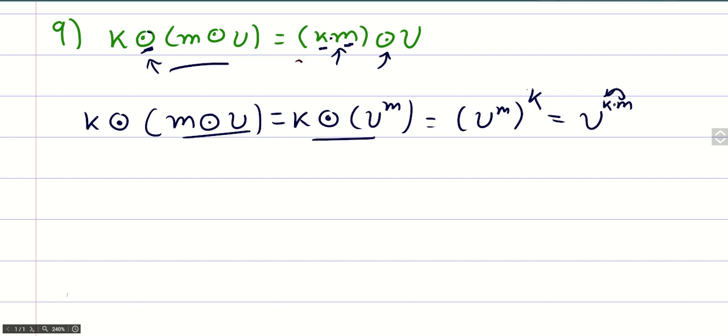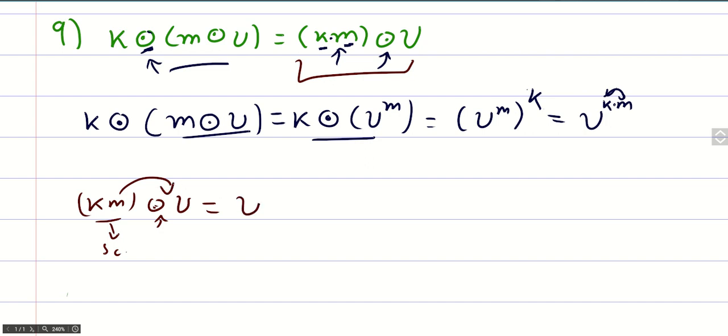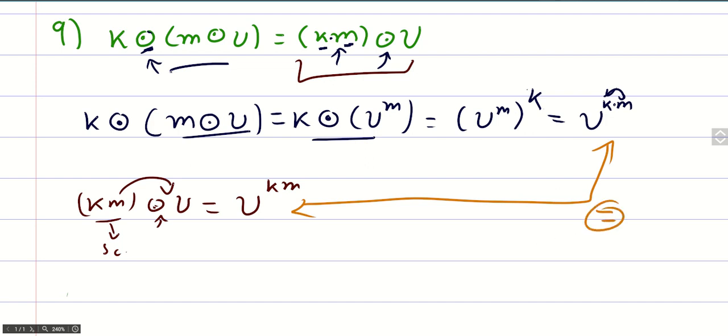And if you check what happened on the right hand side, here we got km multiplying in the usual way times u, and this is the multiplication on the space. So this acts as one scalar. So when you multiply this one scalar by u, what you obtain is u to the power of km. And voila, these two elements are the same. So the 9th axiom also holds.